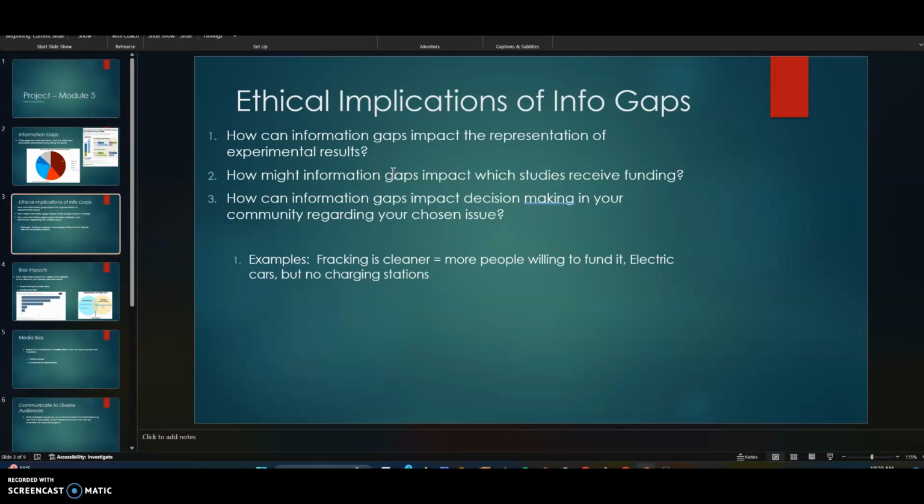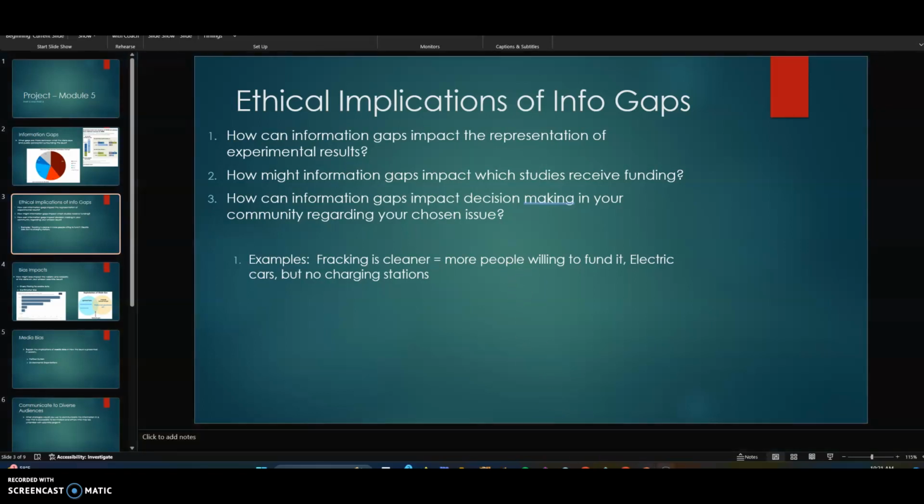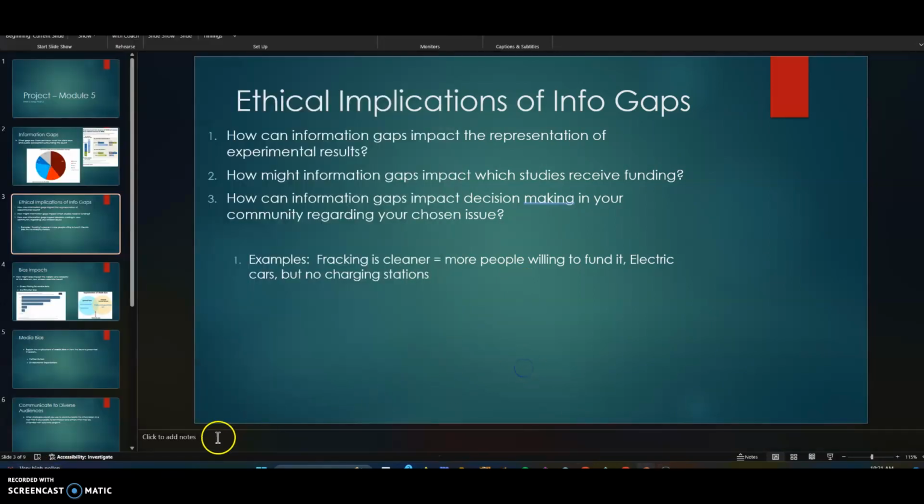In order for these electric cars to be able to work and replace gas powered cars, there needs to be charging stations. And there's not very many in our town, and people's homes have to be retrofitted. They may not have the outlet they need for the electric car, and it can be expensive to put in. So information gaps can cause problems.